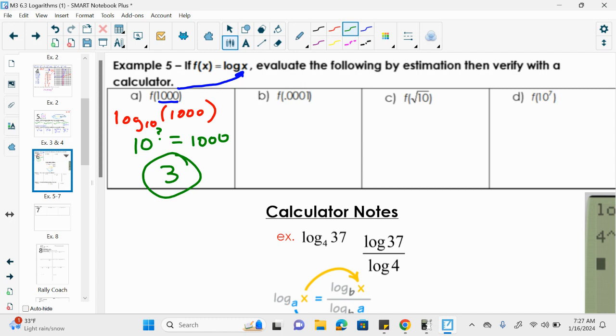Okay. We tried another one. If we put 0.0001 in for x, this is like saying log base 10 of 0.0001. So if we change this to an exponential equation, 10 to what power equals 0.0001.